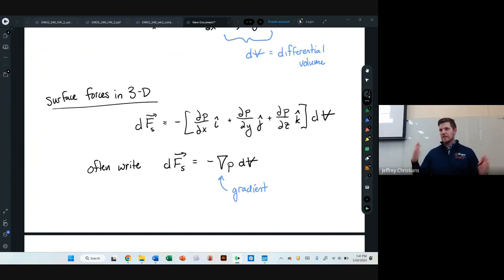The idea is if there's a pressure change in your fluid, your force is going to be pointing in the direction of the change. So if you have a continuous change, you have a force that's pointed along the direction of the gradient, the slope of the pressure, where the change actually is happening. Okay, that's surface forces. Now we have to think about body forces, and then we'll add those two together. That will be the whole picture.